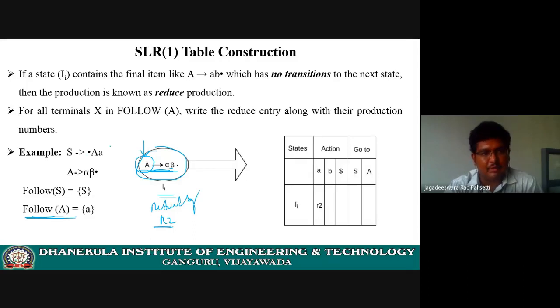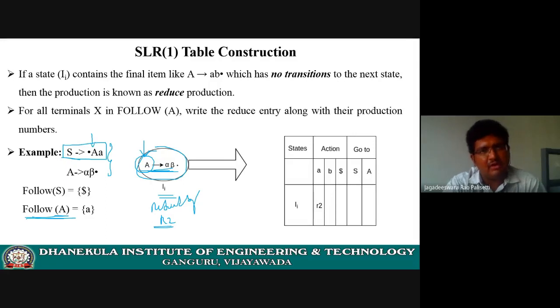In this example, in this grammar G, follow of capital E. How to construct follow of capital E? Wherever capital A is there in the RHS of a production, let us consider this is the production rule where at the RHS we have our capital A.